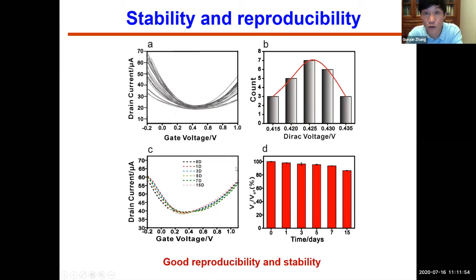And this is the stability experiment. We stored the chip for 15 days, and over 50 days we can see the signal doesn't decrease very much. This means this device has good reproducibility and stability.